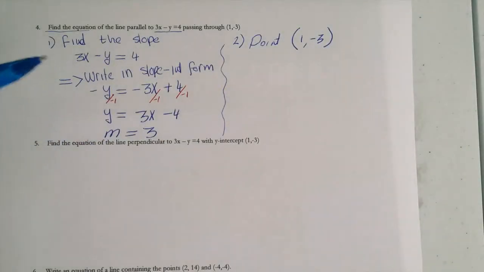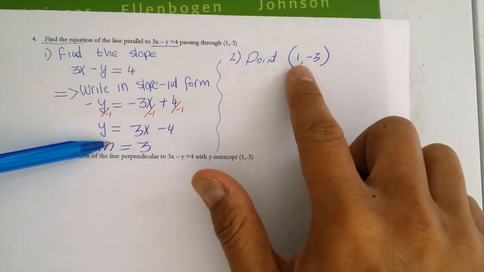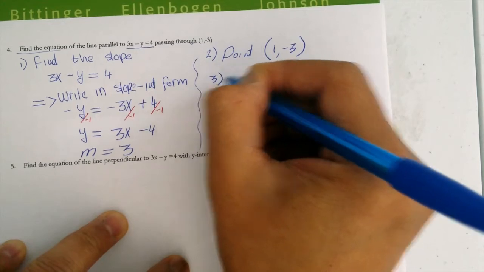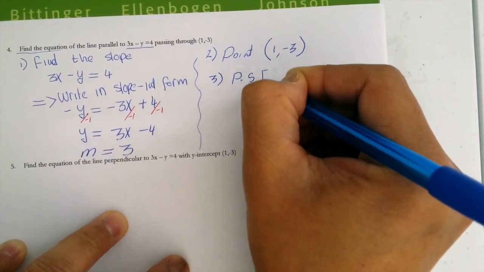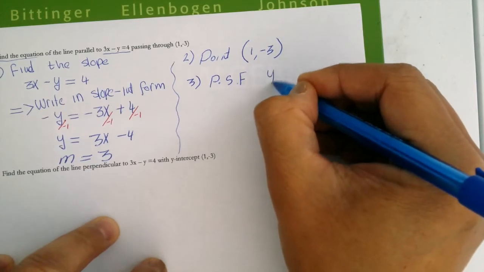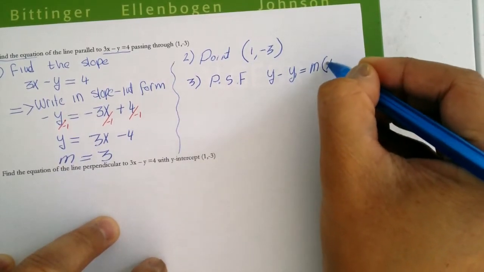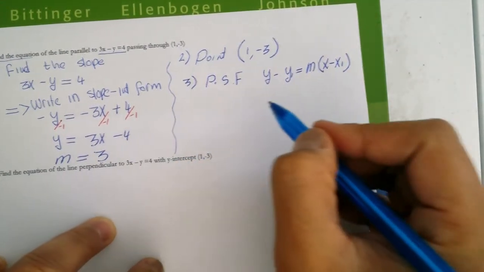So go back to this problem. We have a point and we also have a slope. So I need to pick the form I'm going to use. I'm going to use point-slope form. And point-slope form is y minus y1 equals m times (x minus x1). Memorize these forms and then plug them in.